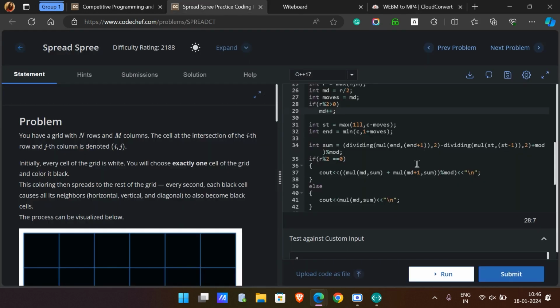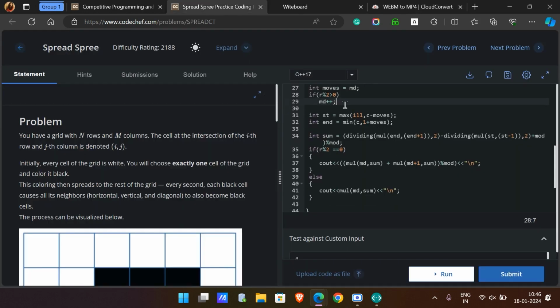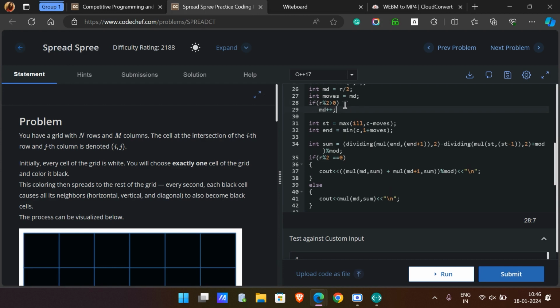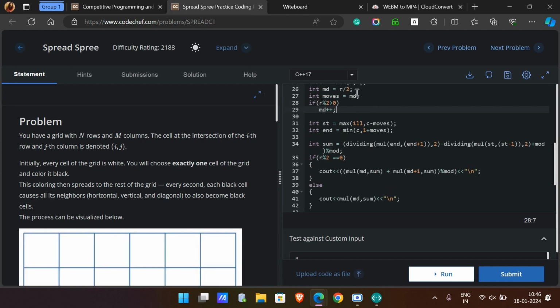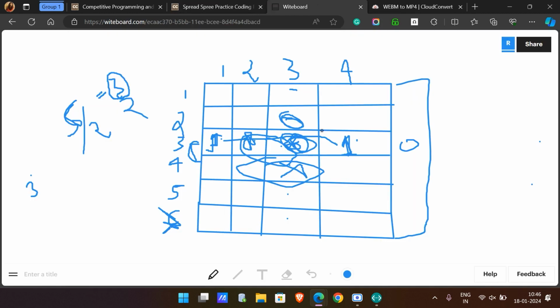That's why I'm doing mid plus plus. But the number of moves would be mid only. Because if I am standing at the third row, then I have 2 rows to cover, and in the bottom also I will have 2 rows, because it is odd.